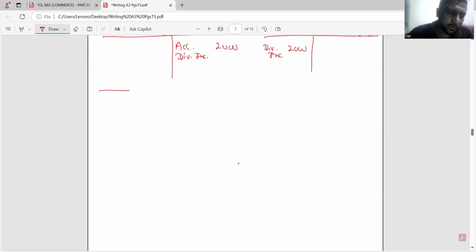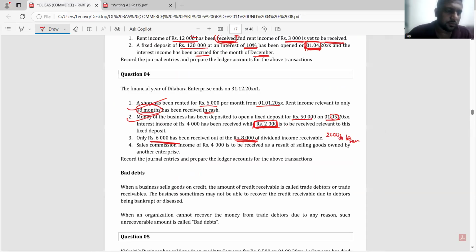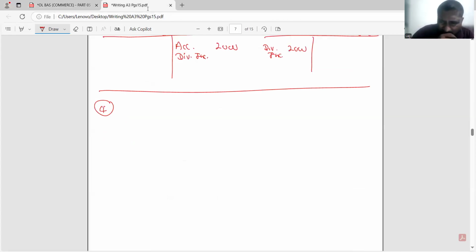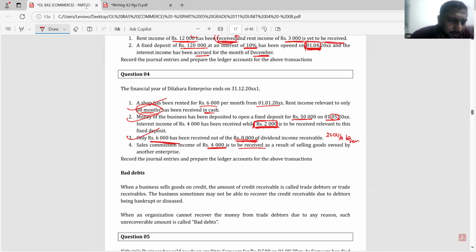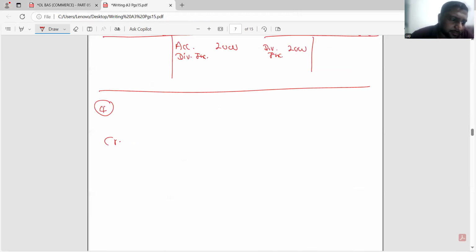Then the last one, the fourth one. Sales commission income 4,000 to be received. Then simple, I'll write it. Credit sales commission income account 4,000.